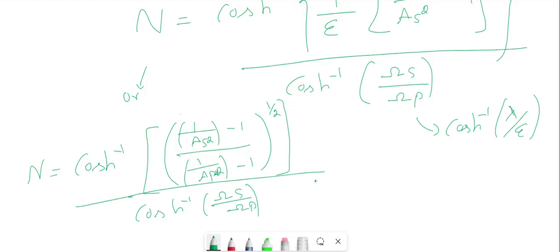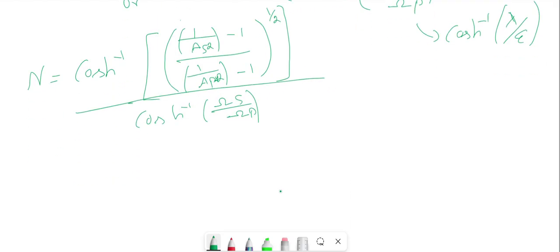Okay, so you can use any of the formulas depending upon the specifications given in the problem.